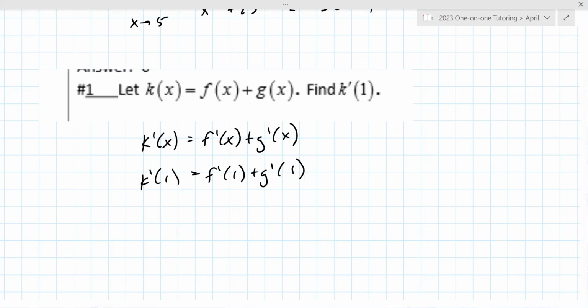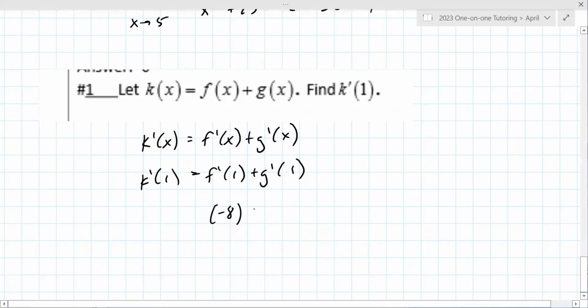Can you tell me F prime of 1? -8. -8, good. And then G prime of 1 is? G prime of 1 would be 3. Okay, so that's -5.